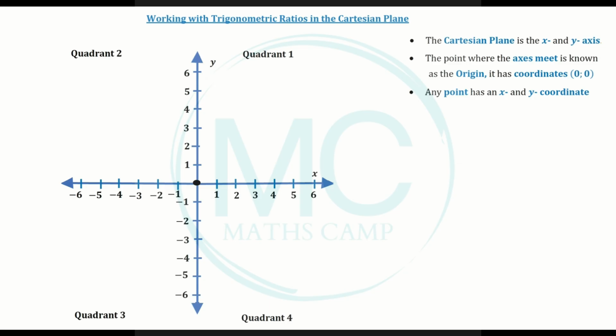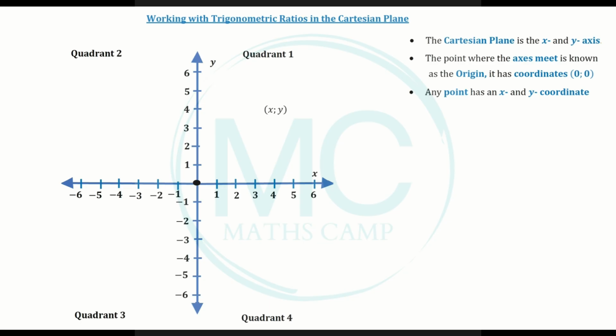Quadrant 1 is to the right of the origin, so the x-coordinate of any point in this quadrant will be positive. It is above the origin, so any point in this quadrant will have a positive y-coordinate as well. So any point in quadrant 1 will have the coordinates x, y.